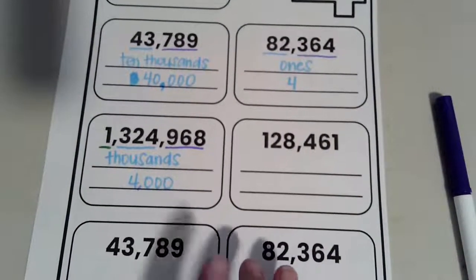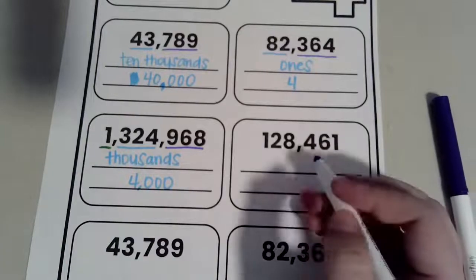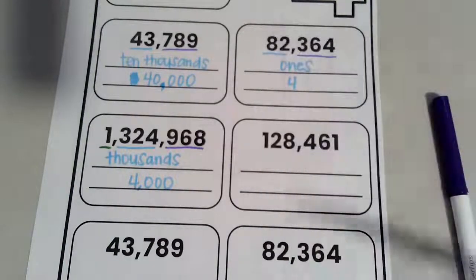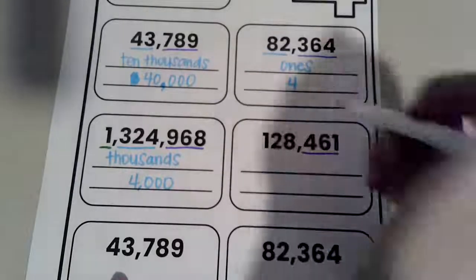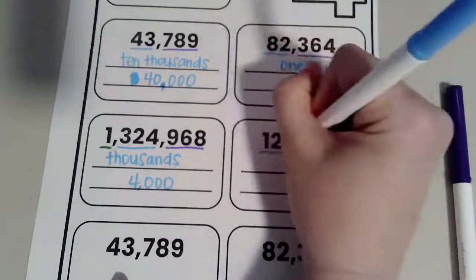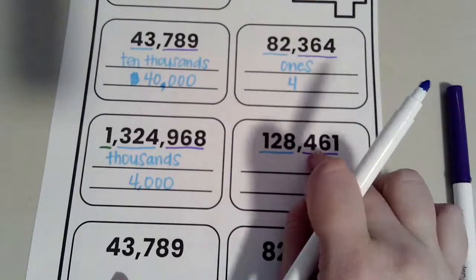All right, what's the value of the 4? So here is our ones period. Here's our thousands period. We go ones, tens, hundreds. It is the ones period. So this is just regular hundreds.